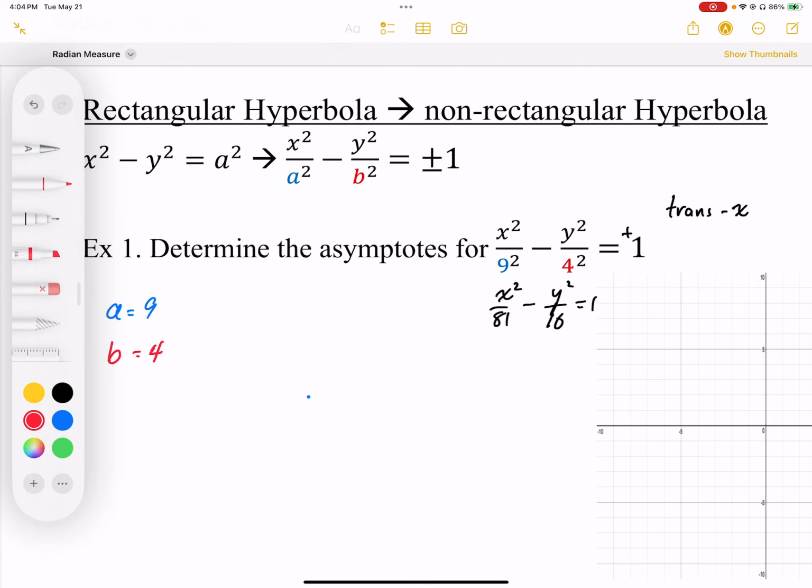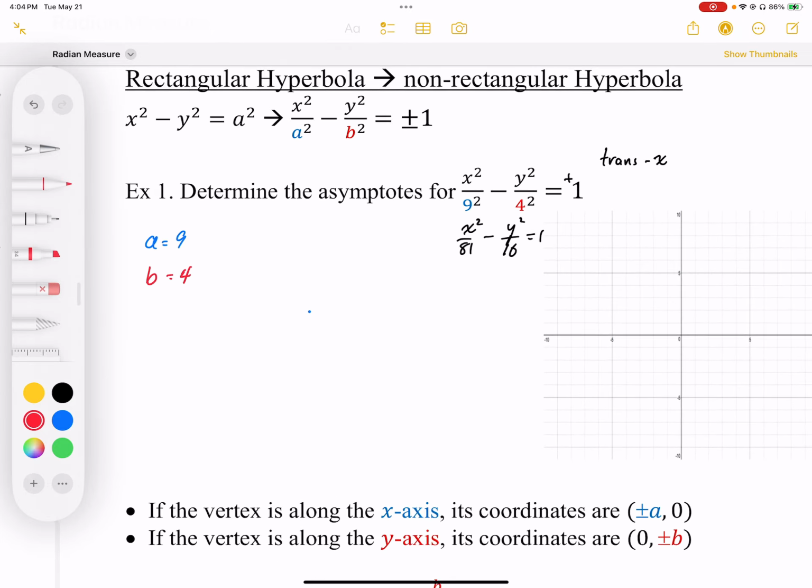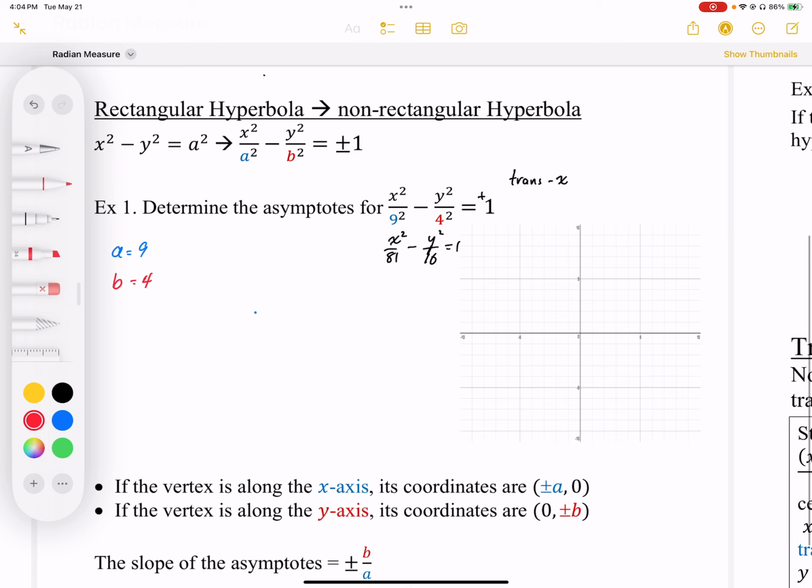Okay, so once we have this, the way we can draw this is we start at the center, 0, 0, and along the x, I'm going to go 9 to the right, 9 to the left. The b values, I'm going to go 4 up and 4 down. Okay, so this is exactly like the ellipse. So with the ellipse, we would have sketched in an ellipse through those points.